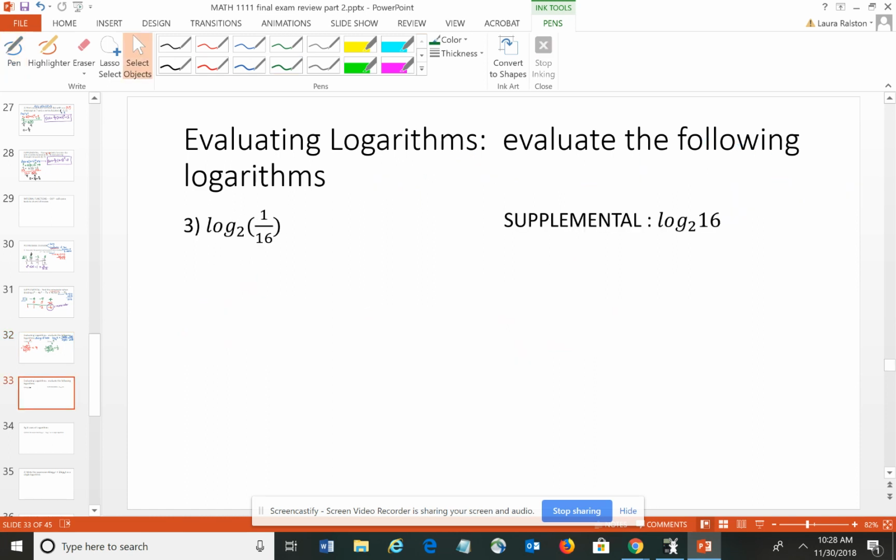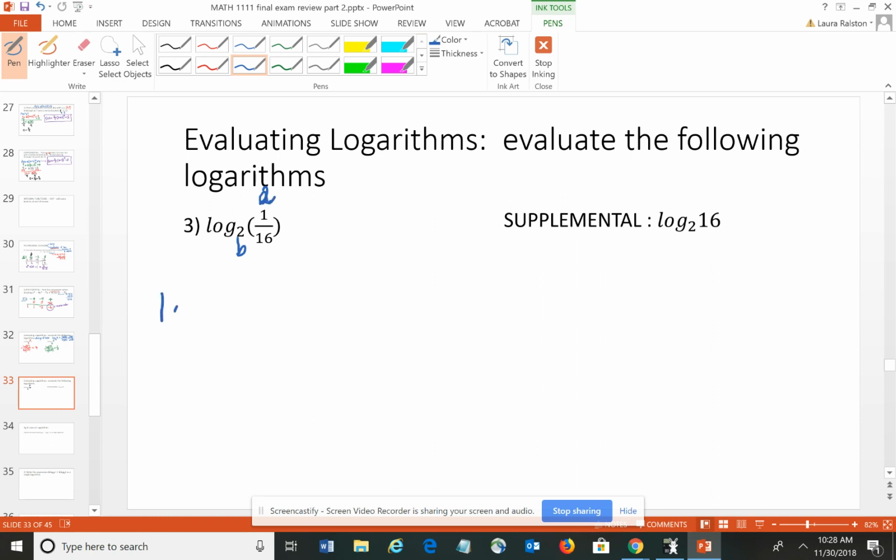Moving on, again, we have evaluating them, log base 2 of 1/16. There are other ways to do these problems, but quite honestly, using the calculator is your best option. So log base 2 of 1/16, b here would be the 2, and 1/16 would be the a.